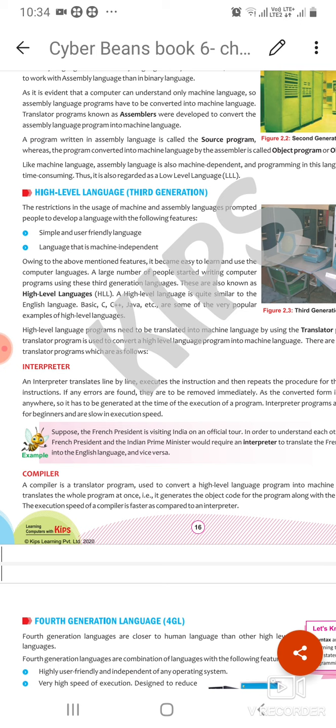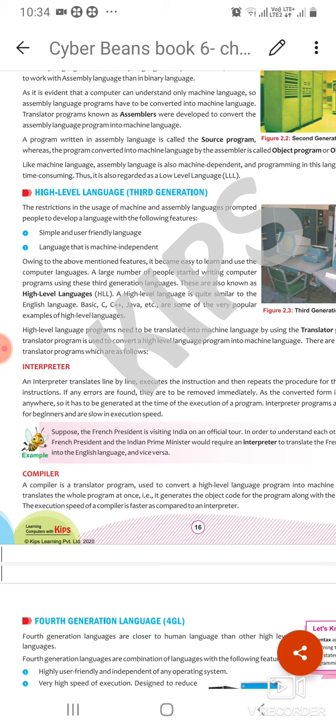As we have seen, there are many restrictions in machine language and assembly language, so people opted for developing a language with some basic points. Number one, simple and user-friendly language.